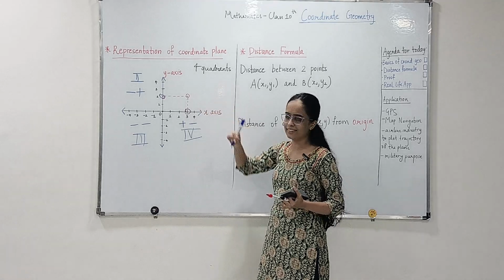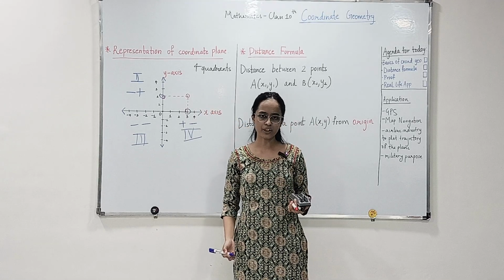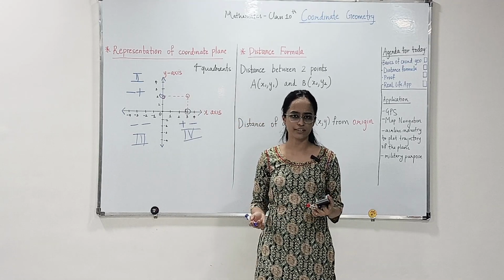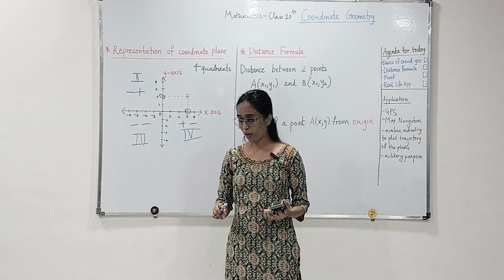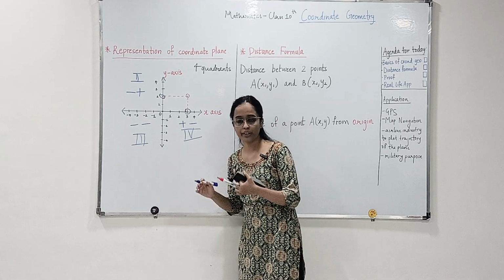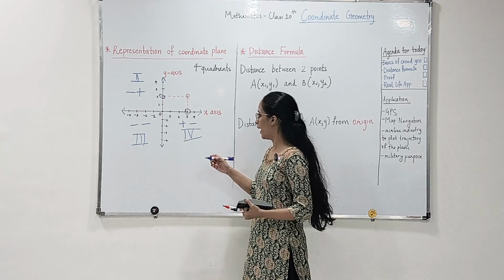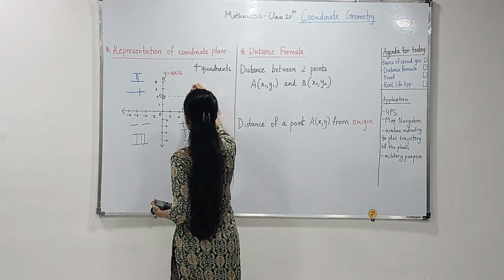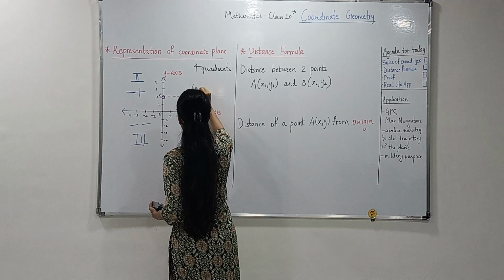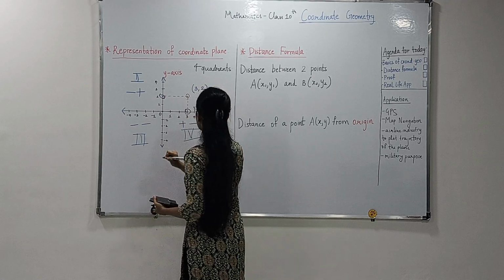Since this point lies in the first quadrant, it is very obvious that both the values of x and y would be positive. Now, if I want to locate the position of this point, as I have mentioned earlier, I would say that the location of this point is (3, 2).